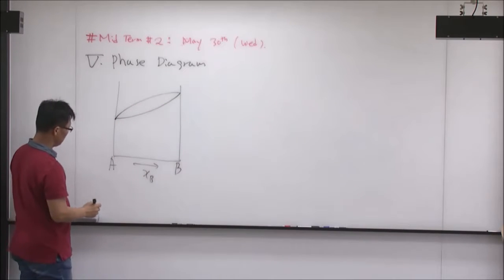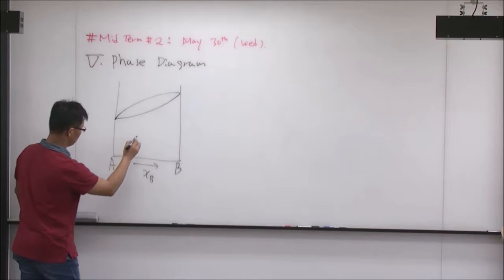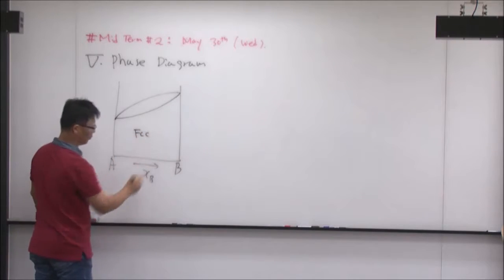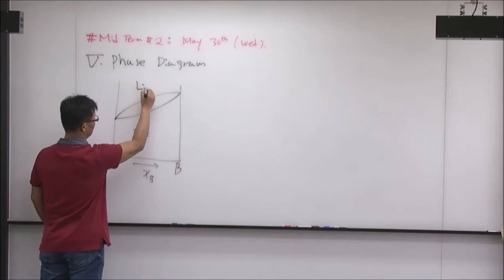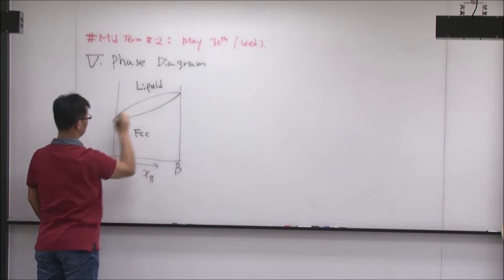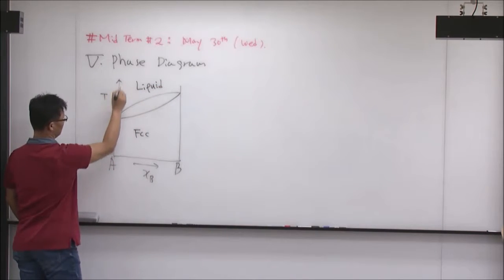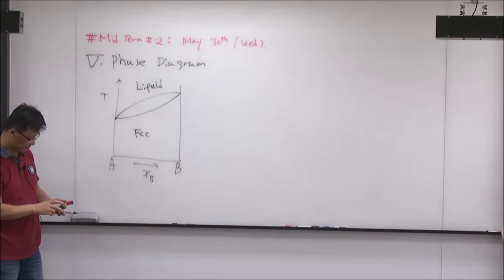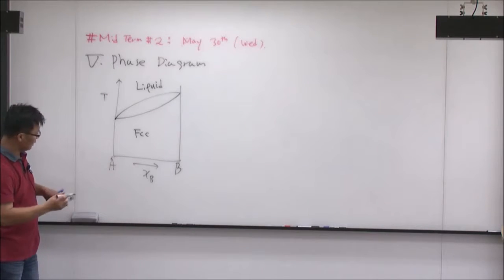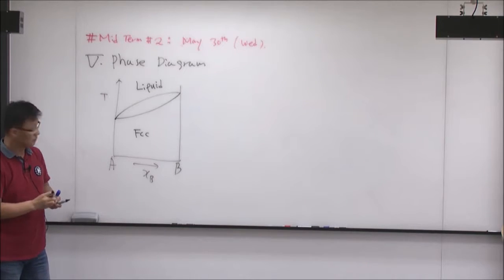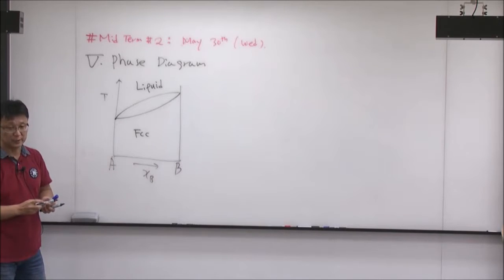Let's assume this is, for example, an FCC solution, and this is a liquid solution, and this is temperature. Let's draw the Gibbs energy diagram corresponding to this phase diagram.